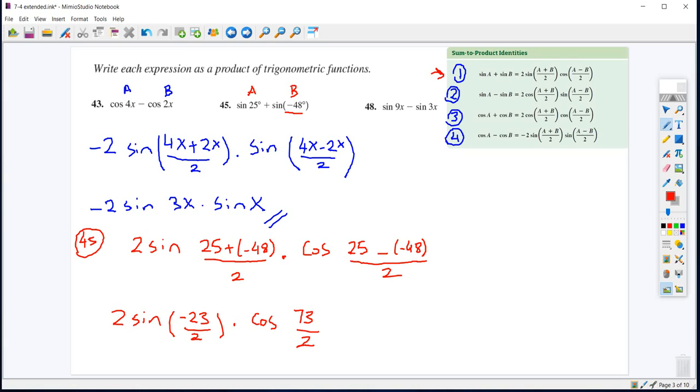So that's it. We have 2 sine negative 23 over 2 times cosine 73 over 2, which is cool. We can just leave it like that. I know we have fractional angles, that's alright. That's not the point. It's all about how to apply the formula. That's it. So this will be the answer for 45.